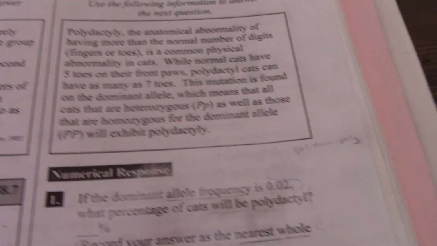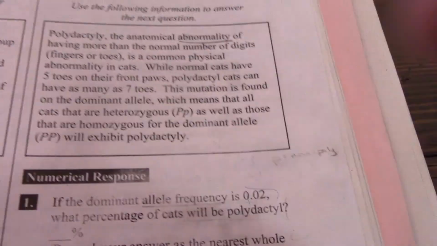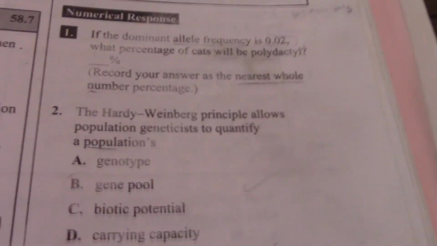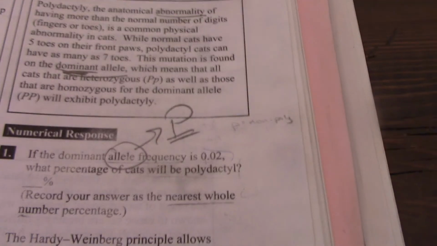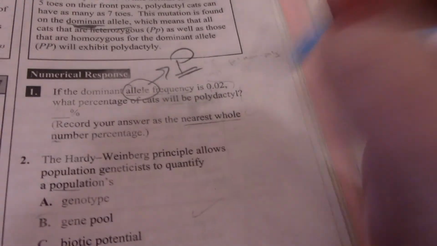So you have an abnormality, and it is dominant. I would underline those two things. The question is saying if the dominant allele frequency, so the big P allele, is 0.02, and it's asking what percentage of cats will be polydactyl.